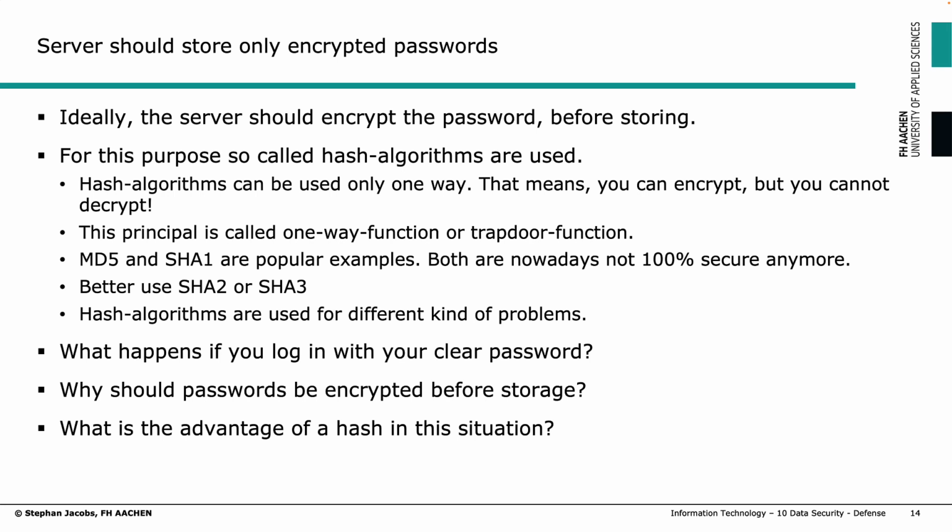They are sometimes based on mathematical principles where one direction is easy, but the other direction is very hard. MD5 and SHA-1 are popular examples. Both are nowadays not 100% secure anymore. Better, you should use SHA-2, SHA-3, SHA-5, for example. By the way, hash algorithms are used for different kinds of other problems as well, not only for encryption.